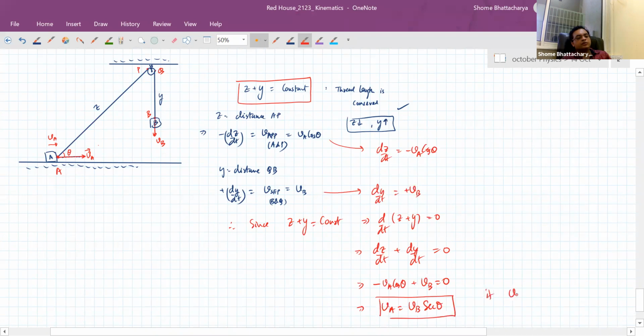So if Vb is equal to 1.2 centimeters per second and theta is equal to 60 degrees at some instant, then you can see that Va will become 2.4. This constraint relation.